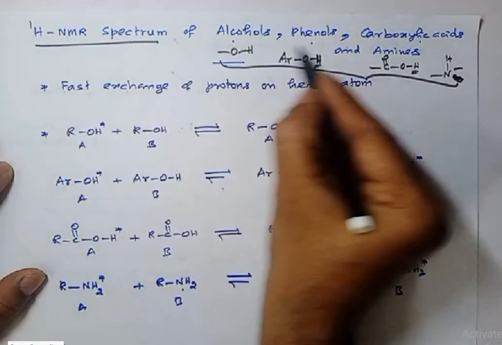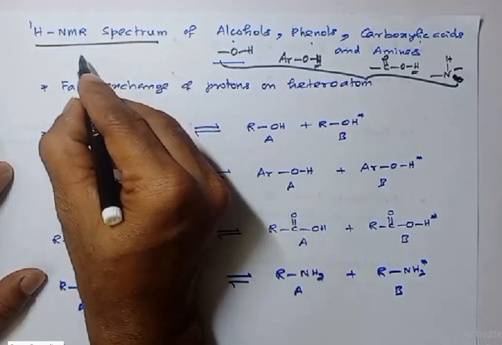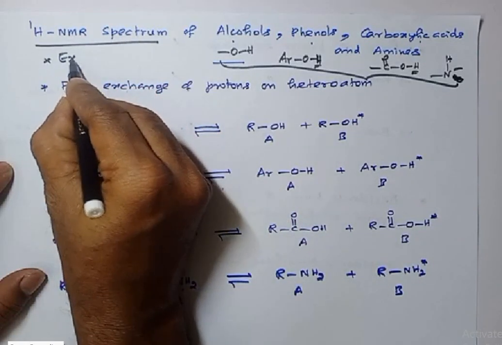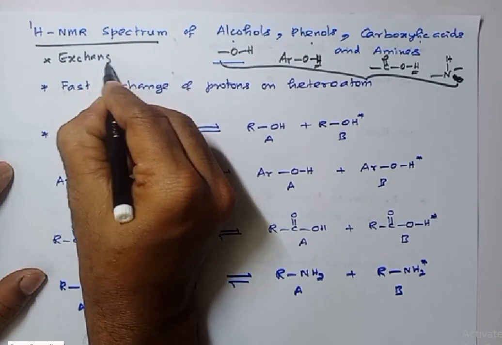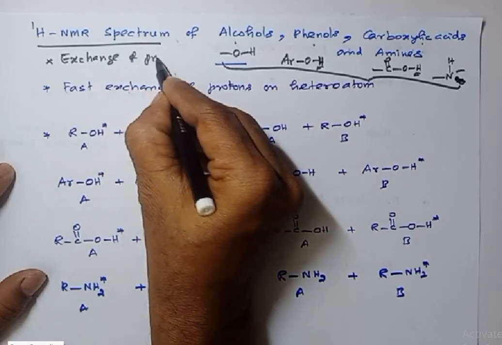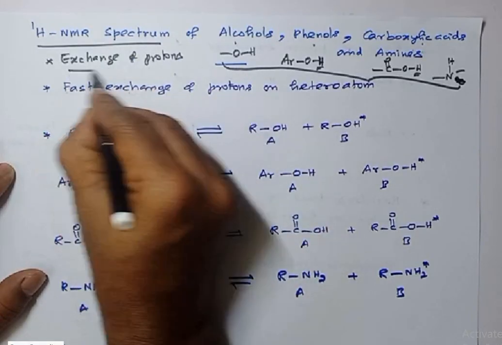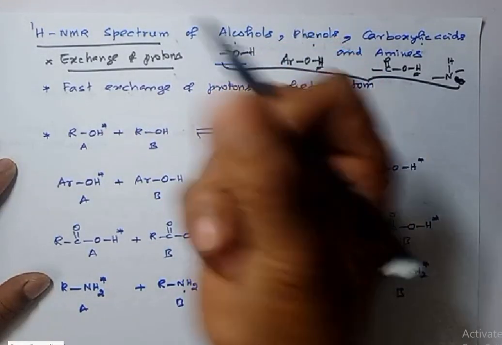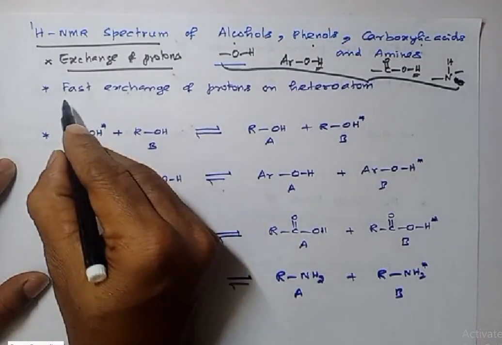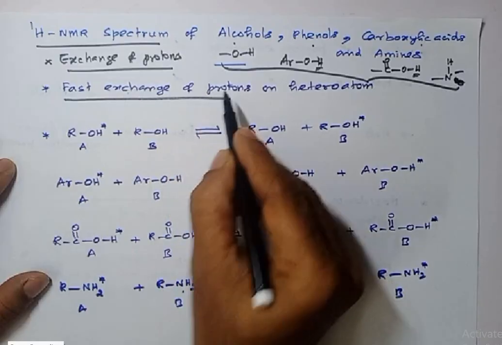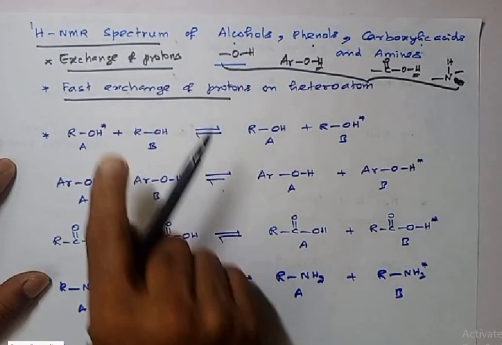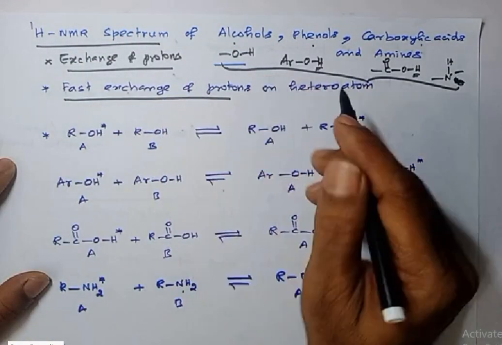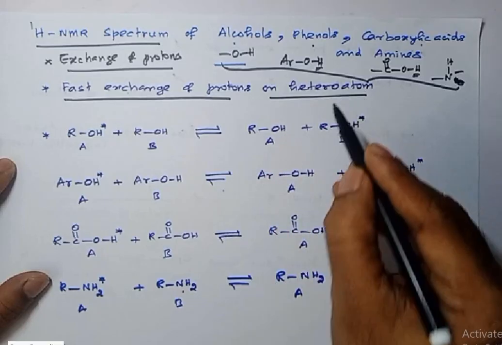So in these molecules, exchange of protons between molecules occurs. And what information can we get from that? It's very important. Listen. This exchange is very fast. Fast exchange of protons on heteroatom occurs.